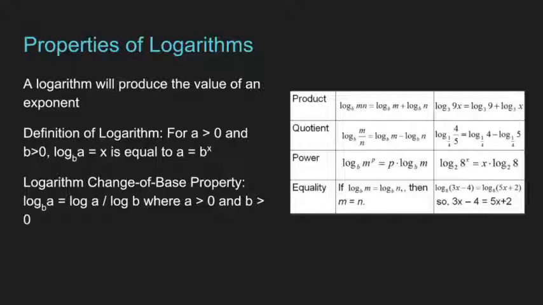The power property of logarithms states that log base b of m to the p is equal to p times log base b of m. The logarithm property of equality states that if log base b of m is equal to log base b of n, then m is equal to n.